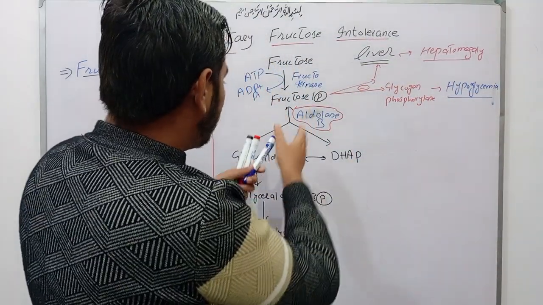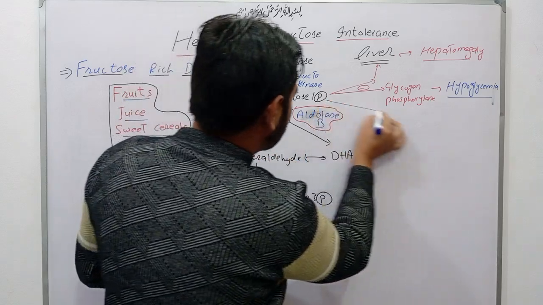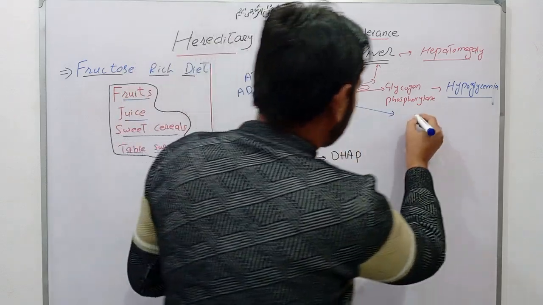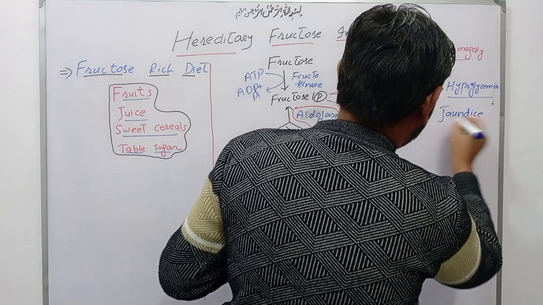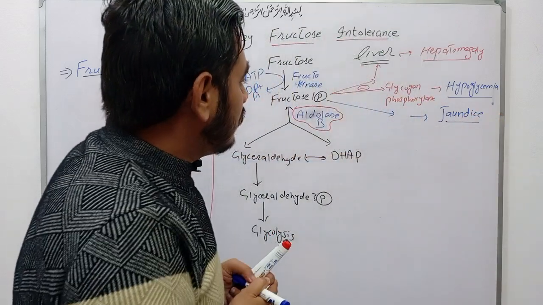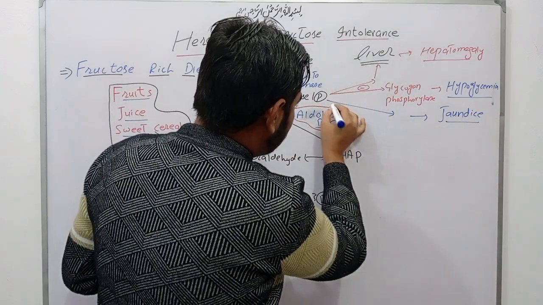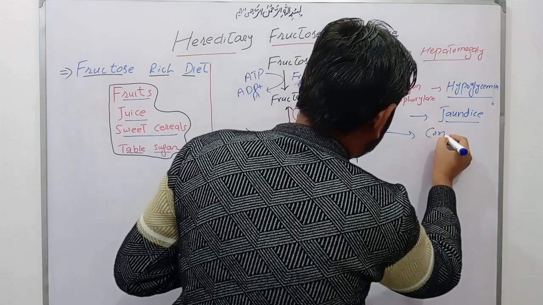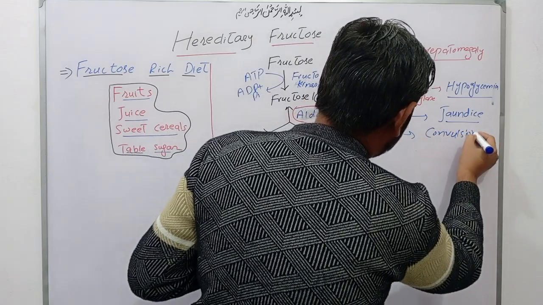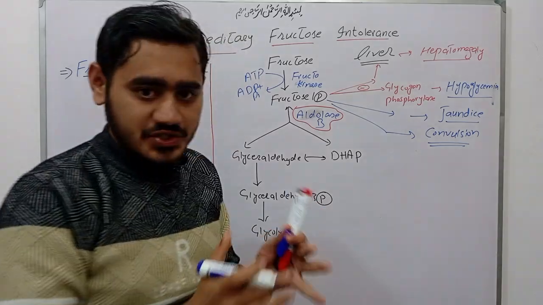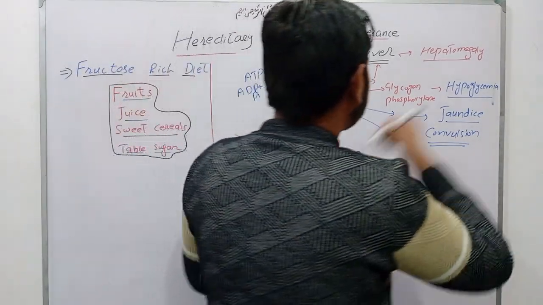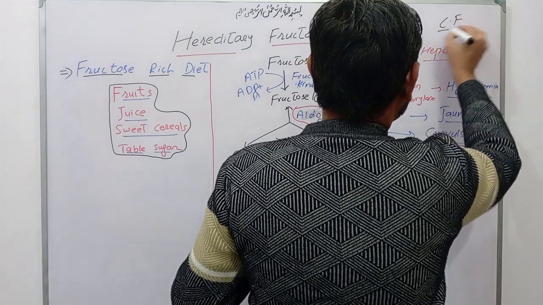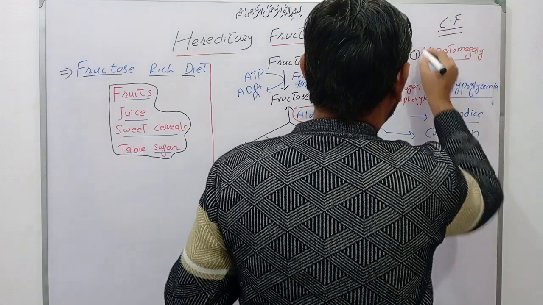This fructose 1-phosphate also leads to jaundice. Okay, and it also leads to convulsion, meaning central nervous system manifestation. So these are the clinical features.